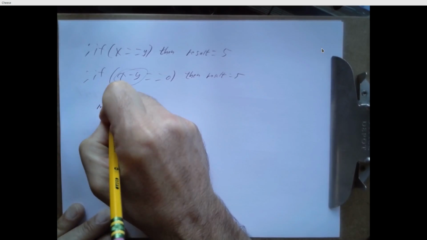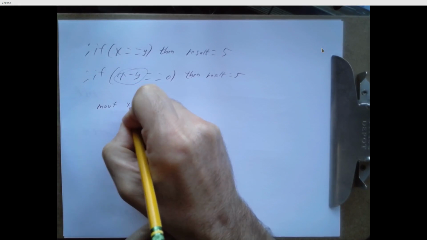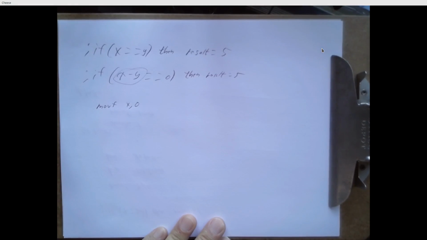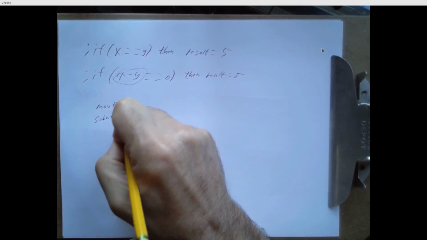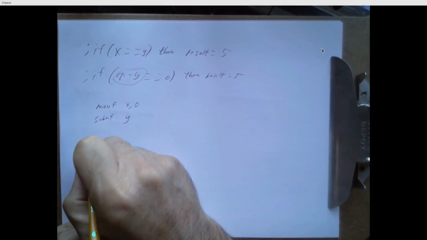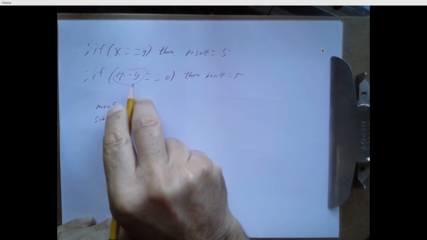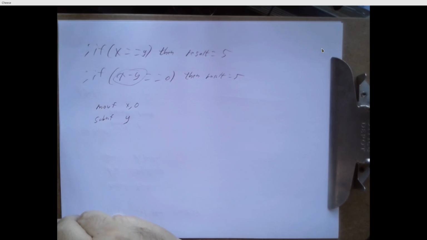Let's say something like move f x comma 0. Let's put that into the W register. And then let's subtract y. And let's say if this is equal to 0, we want to set the result equal to 5.